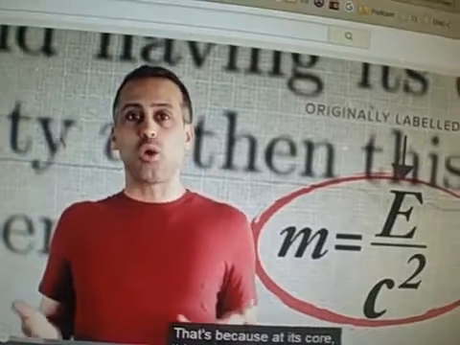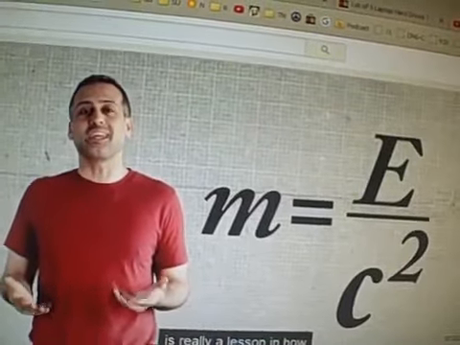That's because, at its core, this cornerstone of physics is really a lesson in how to think about what mass is. Right. So says you. So again, I'm saying that you're not thinking about what mass is in any kind of rational way. You see photons go into atoms and you presume that the photon changes into something else, that it's not what it is still. Or electrons or anything going in. Energy goes in. And you're thinking the energy isn't what is already in the matter.